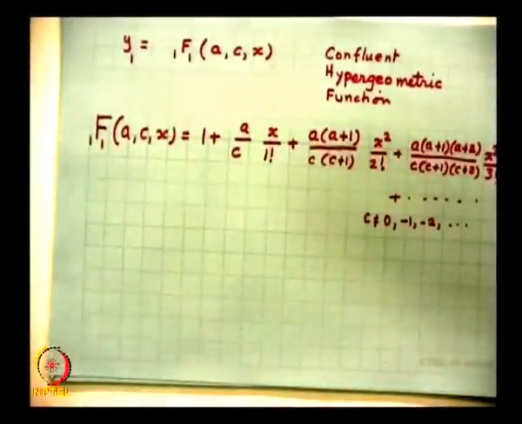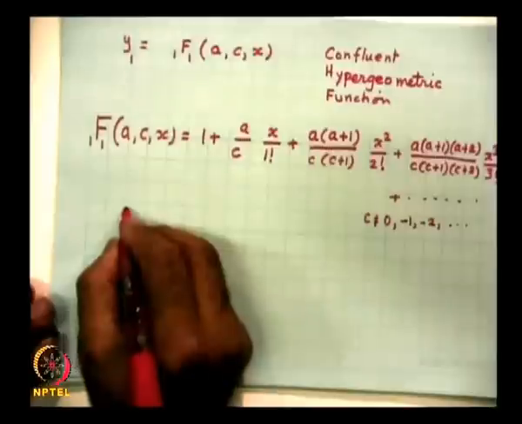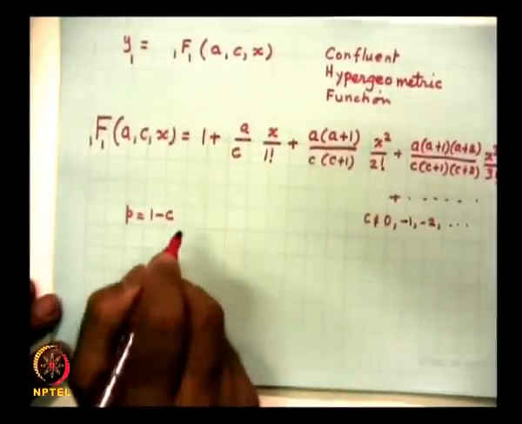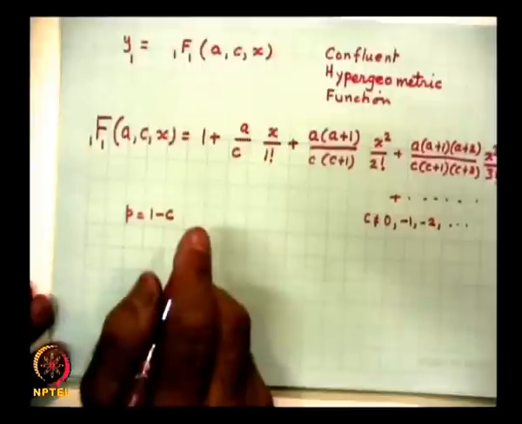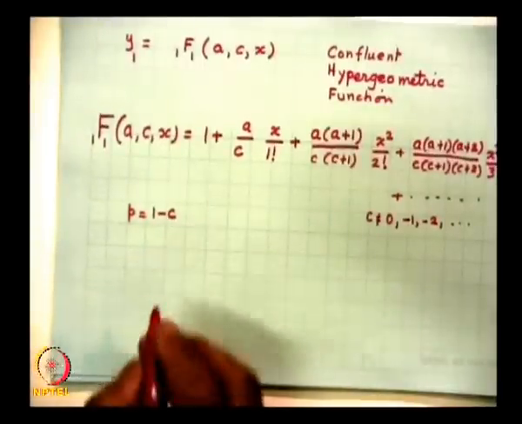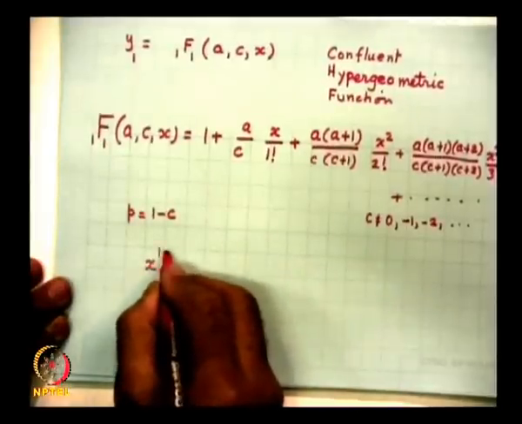This is one solution, and the other solution, as you can see, is p equal to 1 minus c, and the other solution will be x to the power of 1 minus c.